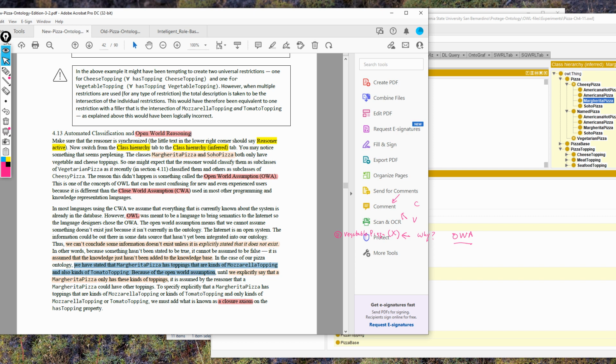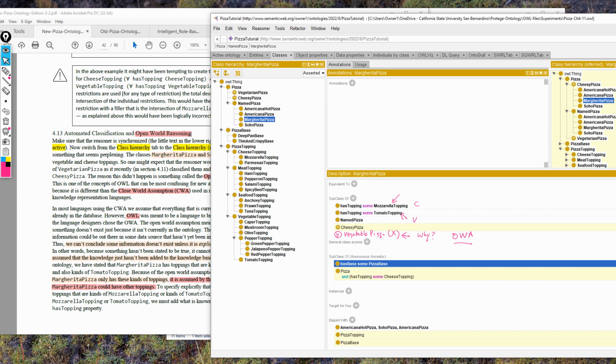Because of the open world assumptions, until we explicitly say that margarita pizza has only this kind of topping, it is assumed by the reasoner that what? This is important. It is assumed by the reasoner that margarita pizza could have other toppings. Okay, so this is what? This is open world assumptions.